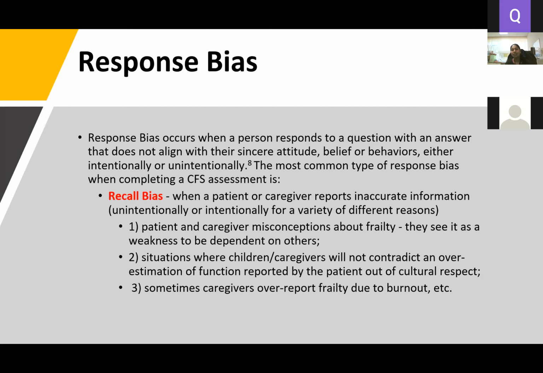So they don't give you the correct information, or the patient has no insight of his limitation, and the children are not contradicting because this is out of respect to the patient. And sometimes there's over-reporting of frailty when the carers are burnt out, where they're actually 5 or 6, but they say it's 7 or 8. So these are the response biases that we need to avoid when we are doing the CFS.